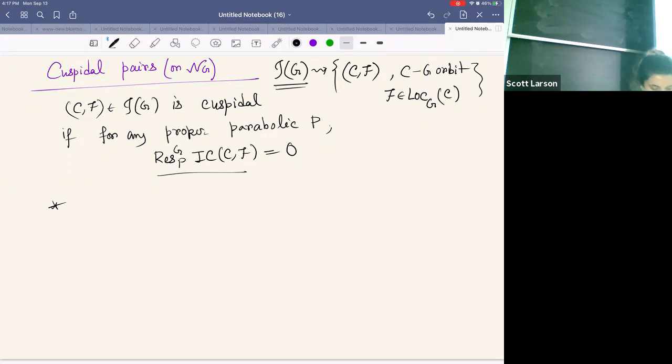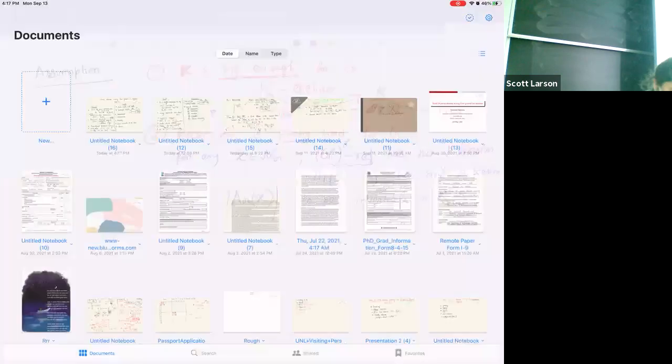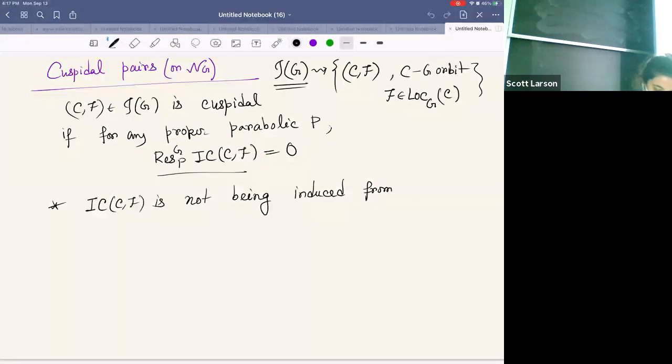I can say it in other words: IC(C, F) is not induced from a pair on a smaller Levi.